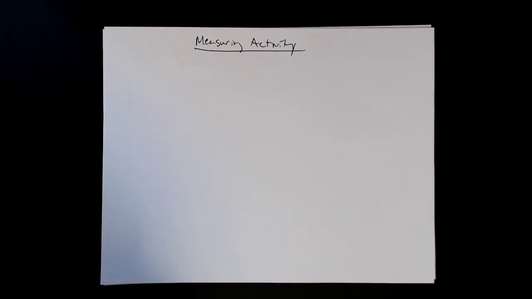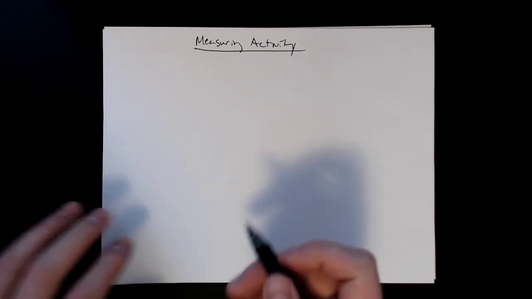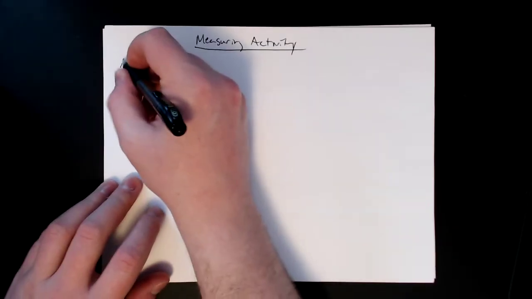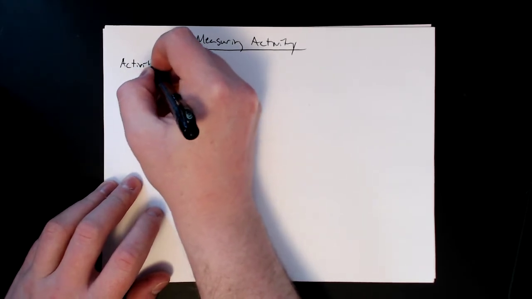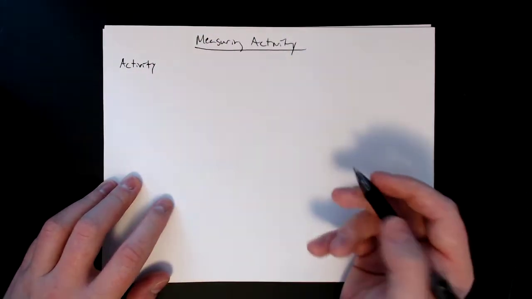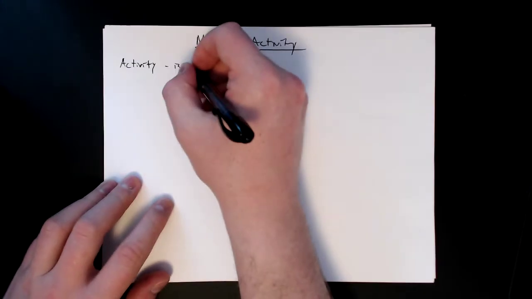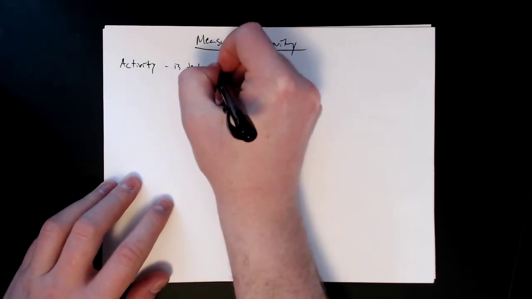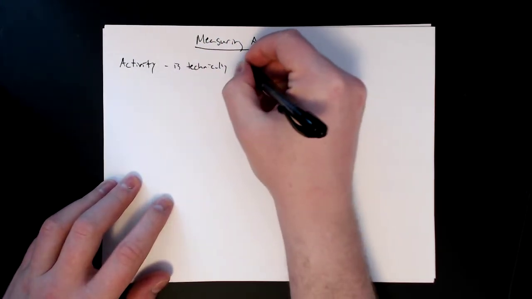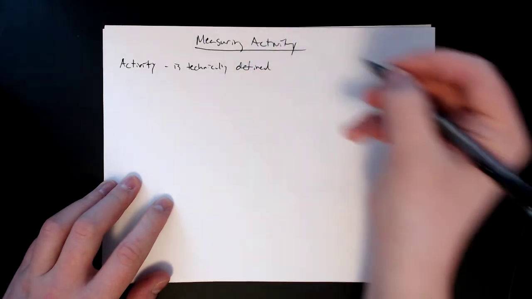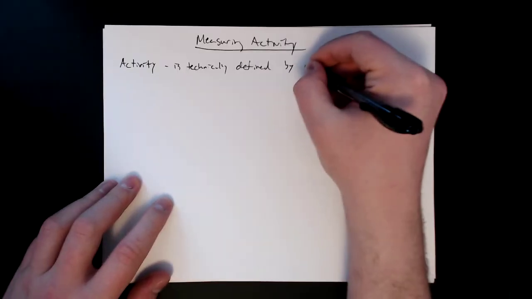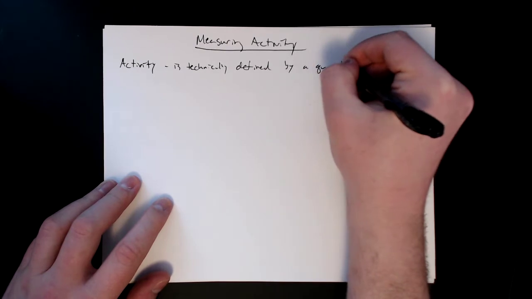All right, so in this module, we're going to look at a little bit more on how you actually measure activity. And so let's go over again a little bit more about activity. Activity is technically defined by a quantity known as fugacity.